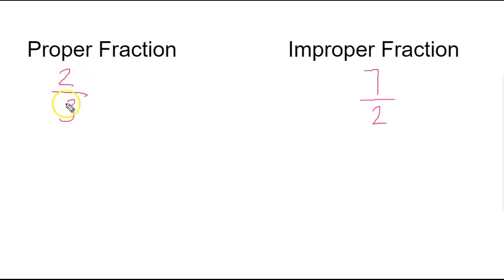It's just instead of actually talking about the value of the numbers themselves, we talk about the degree. So in a proper fraction, the degree of the numerator is less than the degree of the denominator. And in an improper fraction, the degree of the numerator is greater than the degree of the denominator.